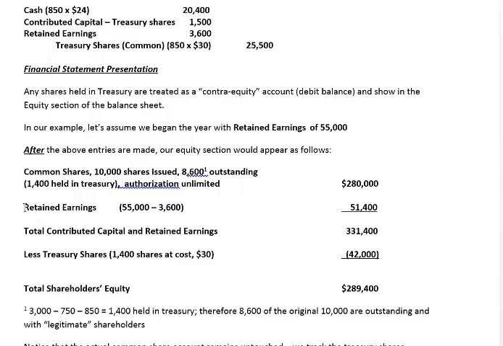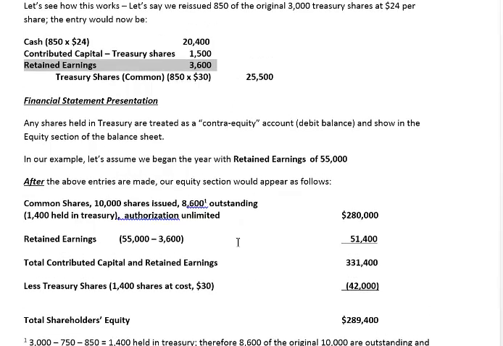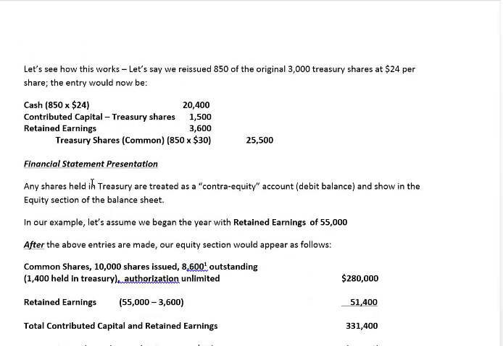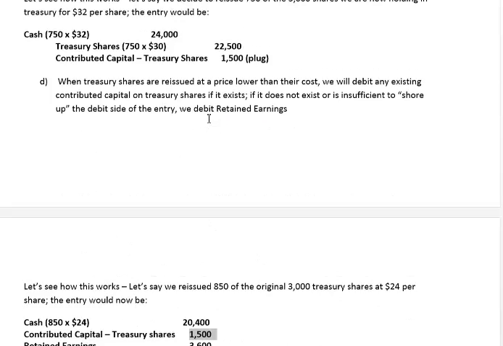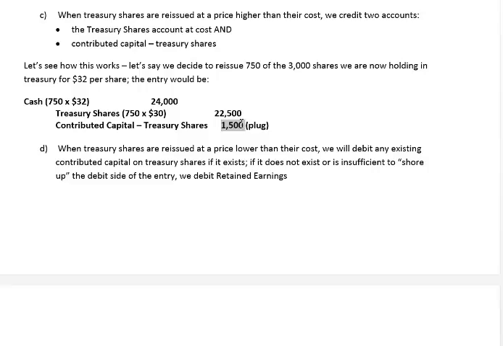Now, we've got a retained earnings account. I created it here just to show you how retained earnings balance would be calculated. If it had $55,000 and we debited it here to record our Treasury share transaction when we reissued those shares, okay, we're going to deduct that $3,600 to get $51,400, and we don't have now any more contributed capital in the Treasury share account, because you remember in this transaction we debited for $1,500 and we only had $1,500 that we put in it in the first place.